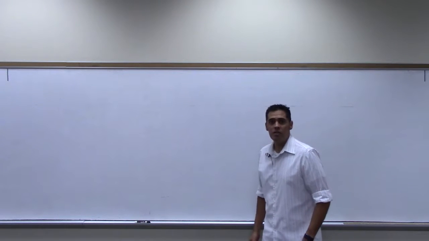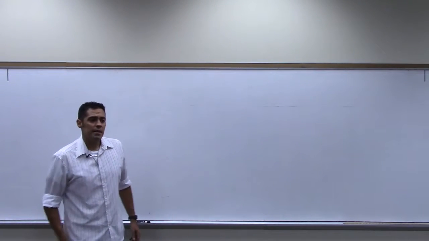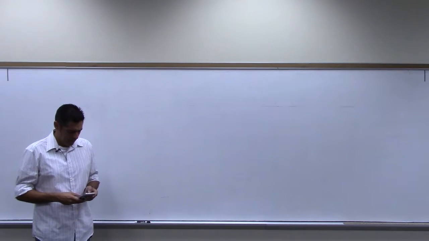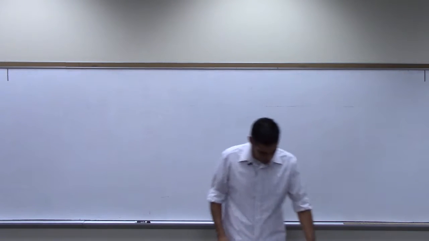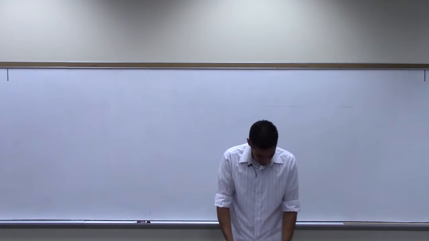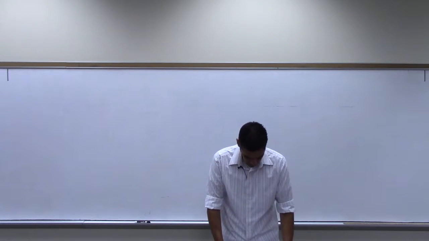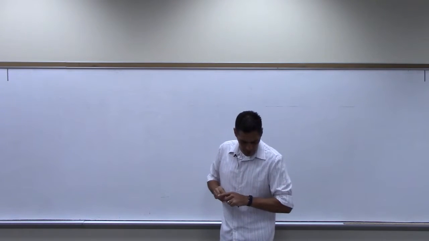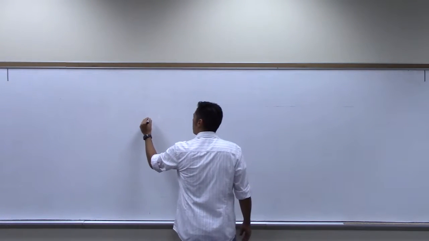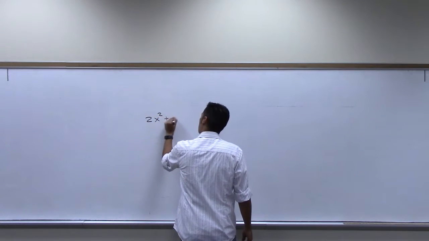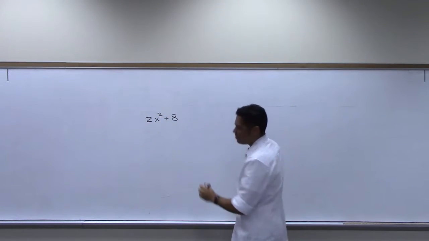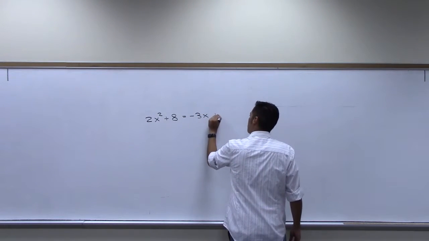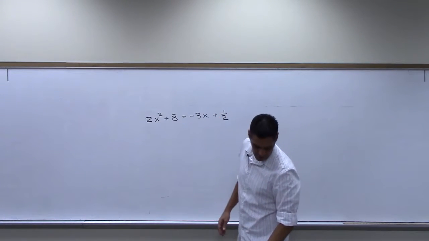All right, are there any questions over anything that you were asked to do homework-wise? Number 6, what page? 63. Has some fractions in there. 2x squared plus 8 equals negative 3x plus a half.